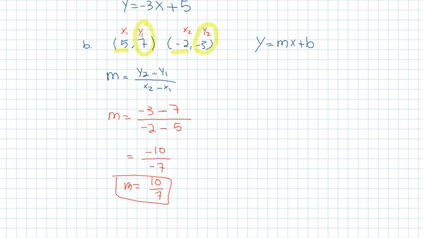Okay? So far, I found one part of my equation. I found the slope. I still have to find the y-intercept. I'm not done yet. Right? So all I know so far is this.